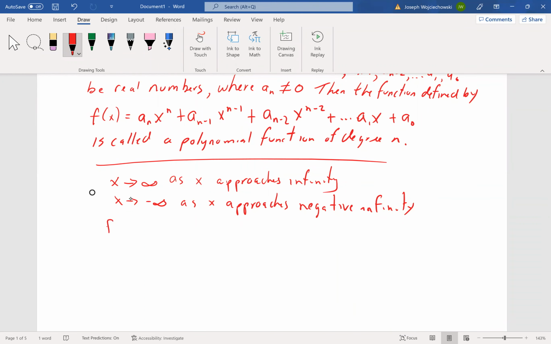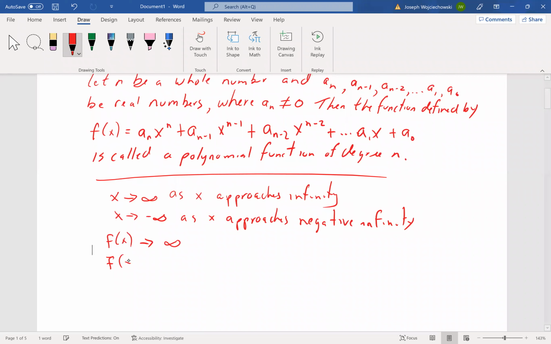And then we also have as f of x approaches infinity and as f of x approaches negative infinity.